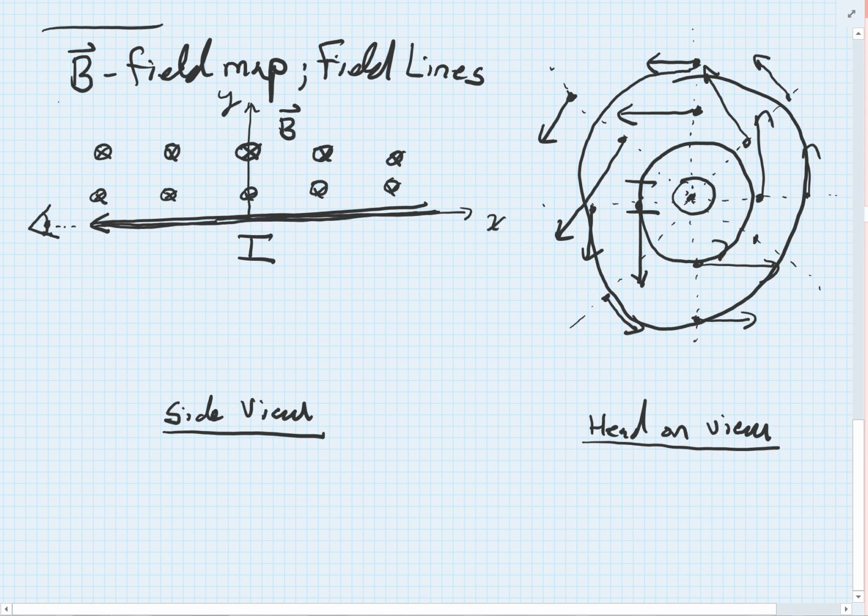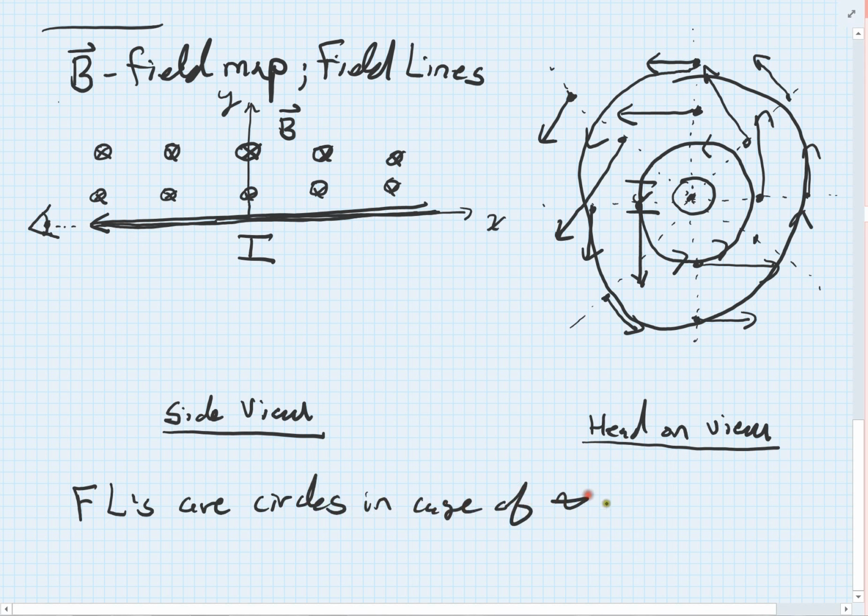So you can see that the field lines are coming out to be circles for the case of a wire. So that's our first thing that we've learned, is that the field lines are circles in the case of the infinite wire.